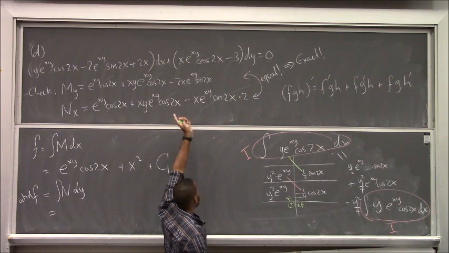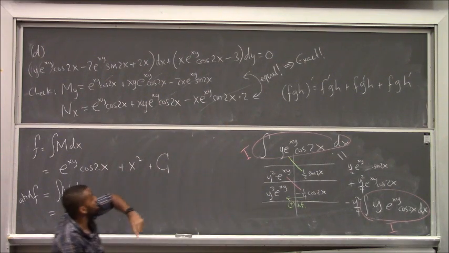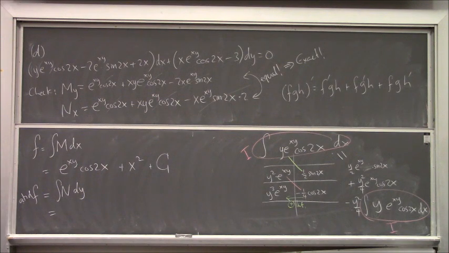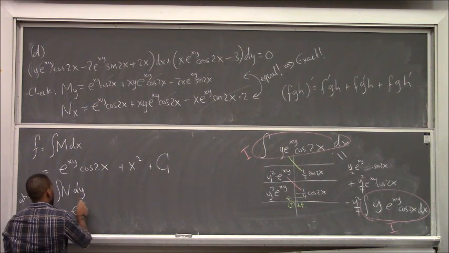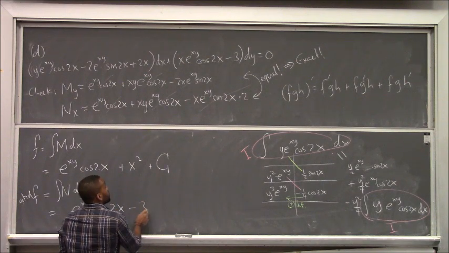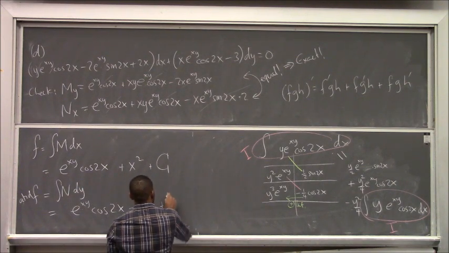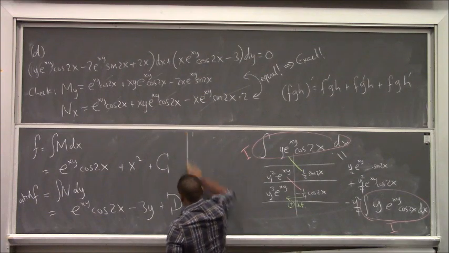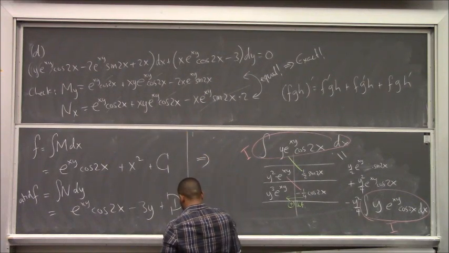We know that the integral of e to the kx is 1 over k e to the kx, where the k is like the x. So that just becomes e to the xy cosine 2x minus y. That's another constant which we don't care about.